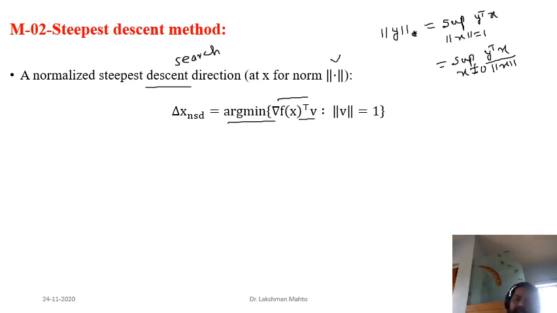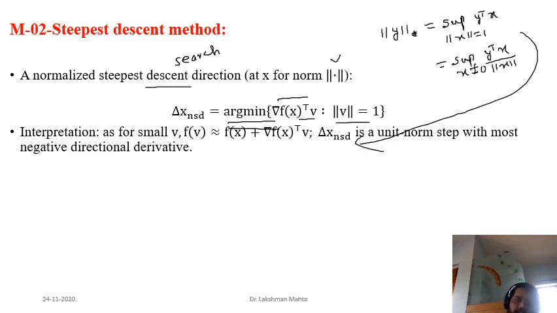So this idea is just generalized from somewhere. This idea of steepest descent has been motivated from here. So you can say that the normalized steepest descent direction we can define as the minimum argument of the dot product of the gradient at point x with v, where v is any unit vector.